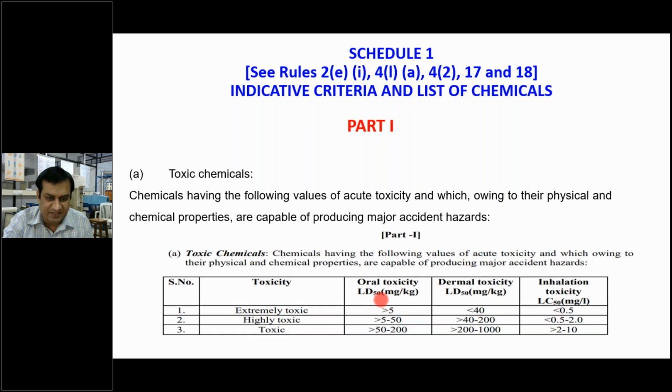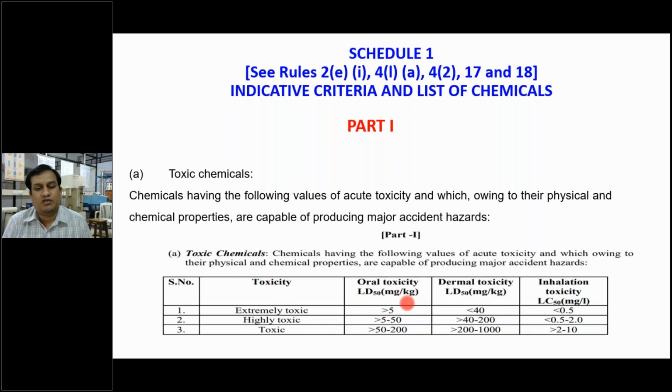So what exactly does this LD50 mean? L stands for lethal, D stands for dose, and this 50 stands for 50%. So if you are consuming more than 5 mg per kg of chemical in your body, then the chances are 50%, the chances of fatality, chances of death.